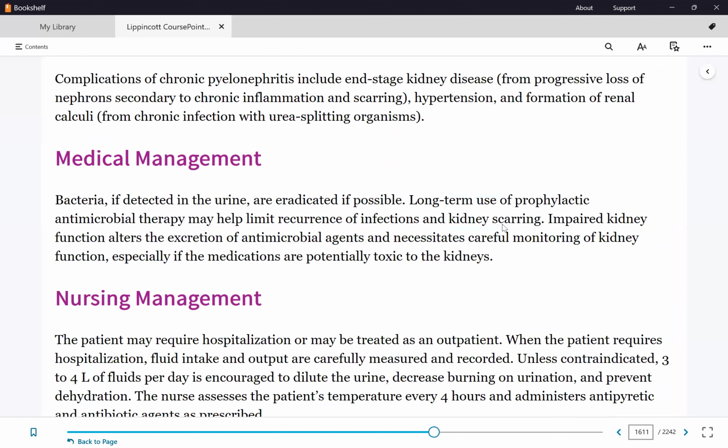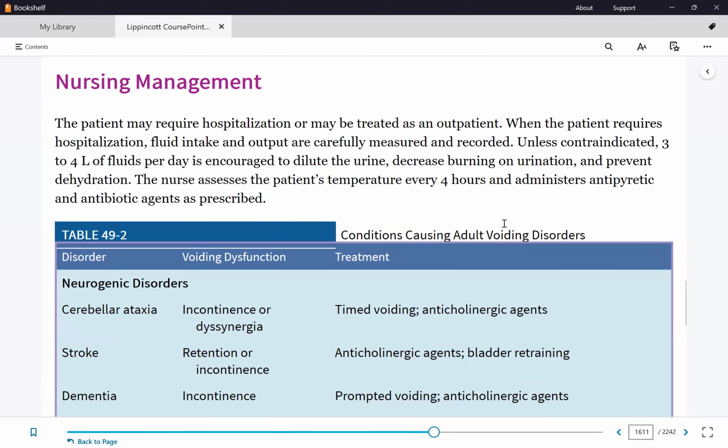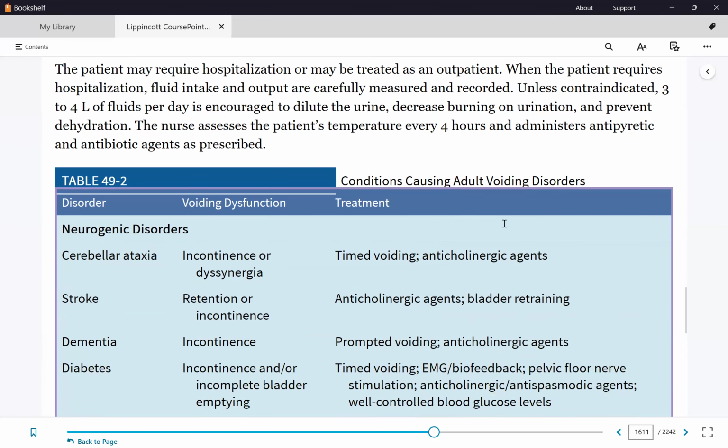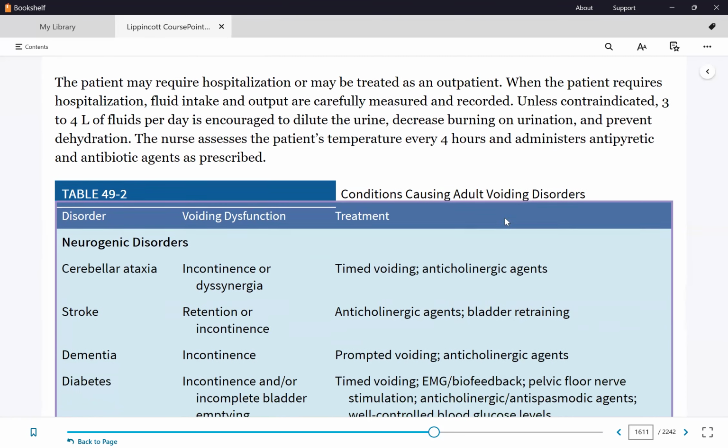So management really is based on what your particular risk factor is. How did you get chronic pyelonephritis? So we treat that underlying condition. The rest of the management, when you read, will be about supportive measures to maintain kidney function and to prevent further injuries to it. And these are some of the conditions that lead to chronic pyelonephritis.